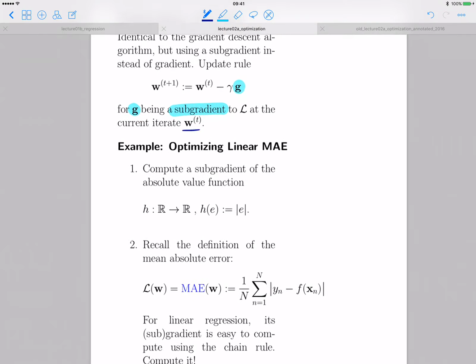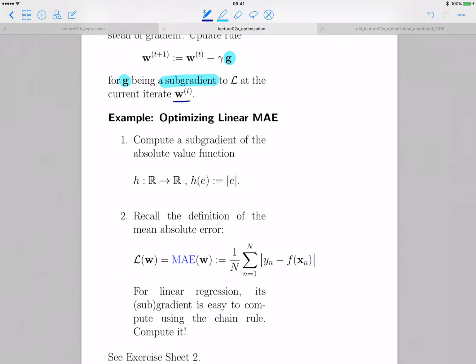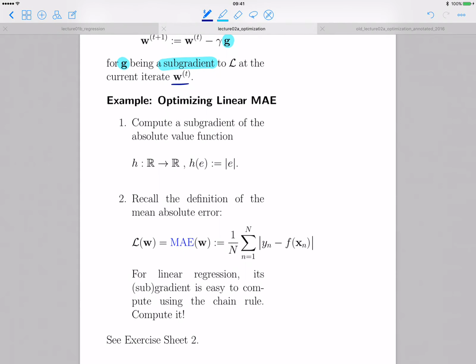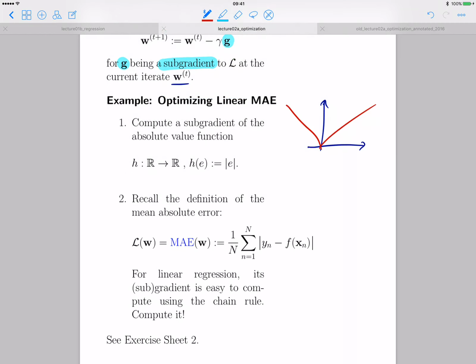Okay, and that's the algorithm, same as we had before. And now let's apply it, and that's exactly the second part of the lab this week, which is for absolute error, which is exactly what we wondered before, right? What if my function looks like that? Then it's not differentiable at the point 0, and at the other points it is.